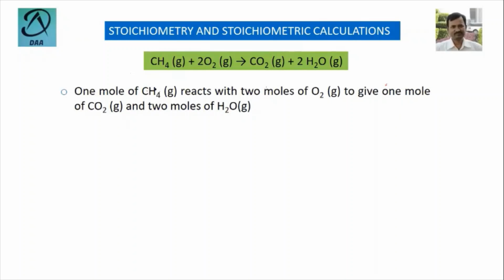So 1 mole of methane gas reacts with 2 moles of oxygen gas to give 1 mole of carbon dioxide gas and 2 moles of H2O, that means water in vapor state.